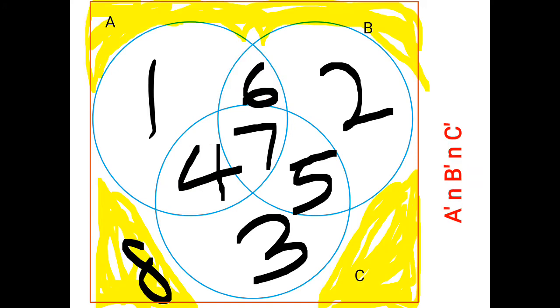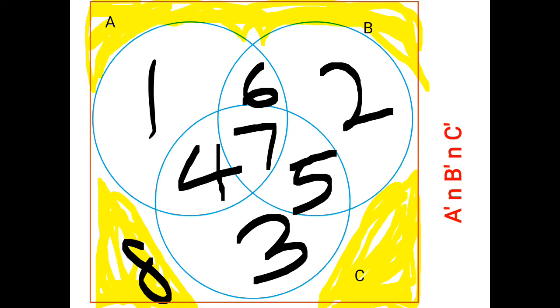And then the final region, region 8. We can see that region 8 is found in none of the 3 circles. And we said when it is not found in the circle, it becomes a complement. Right?